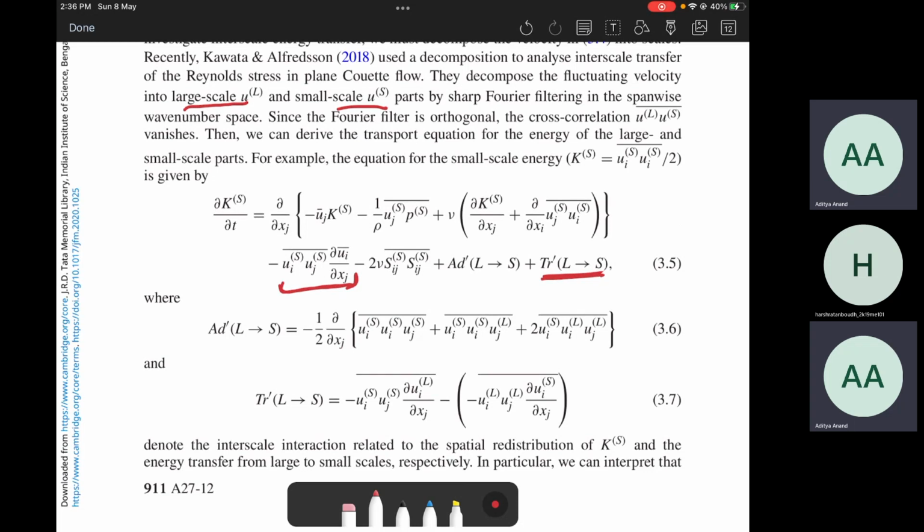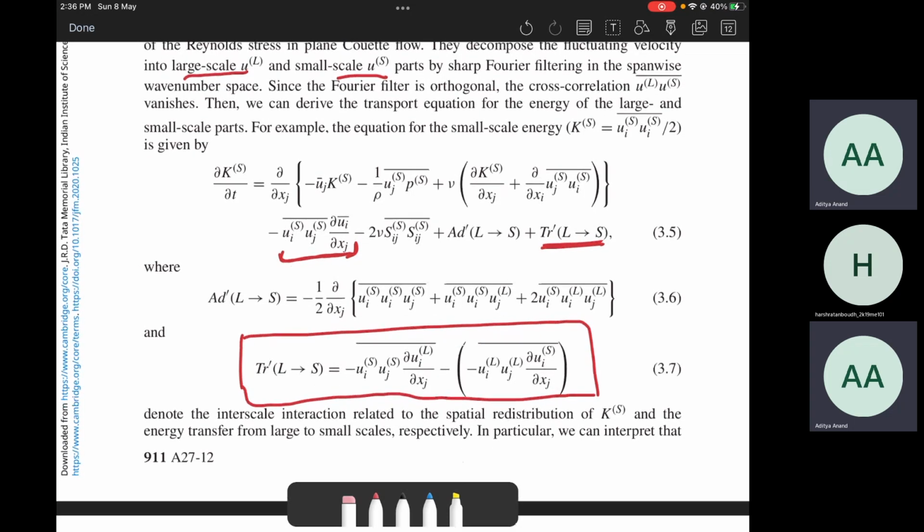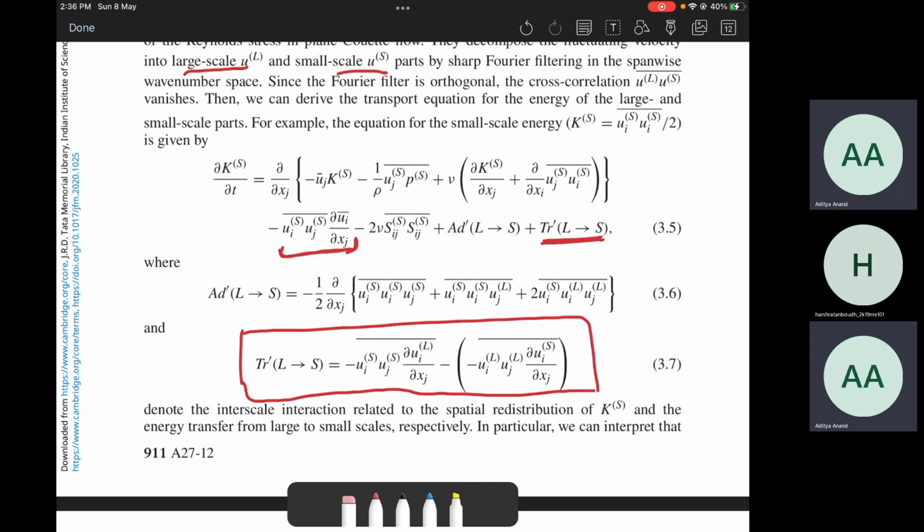So the transfer term looks like this. It has a structure similar to production. Now, if you were to interpret this, you can say that this is the turbulence energy being produced at small scales because of the shear induced by larger scales, and you subtract the contribution in the reverse direction, which is the turbulence energy being produced at larger scales because of the shear produced by the smaller scales.